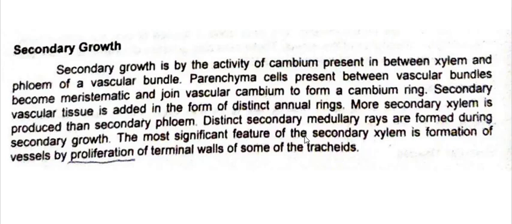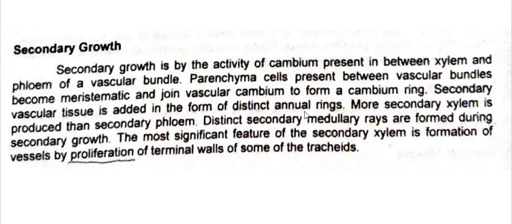Before the secondary growth, the cells of the medullary rays which are present between the vascular bundles become meristematic and they join the vascular cambium of the vascular bundles to form a cambium ring. In this way, a circular continuous cambium ring is formed.